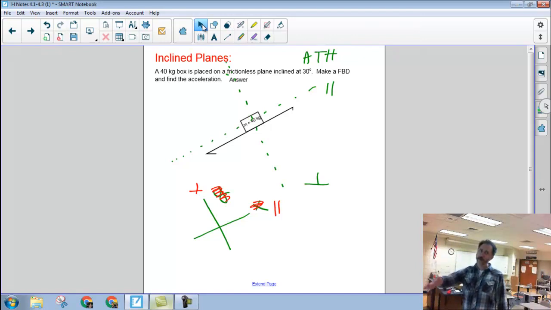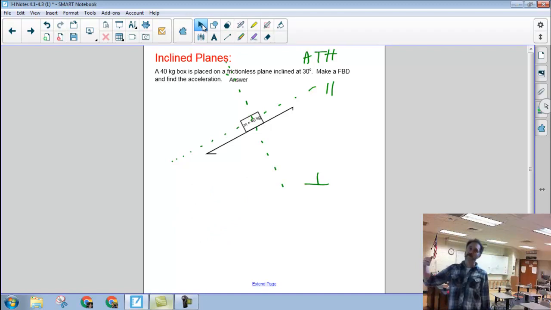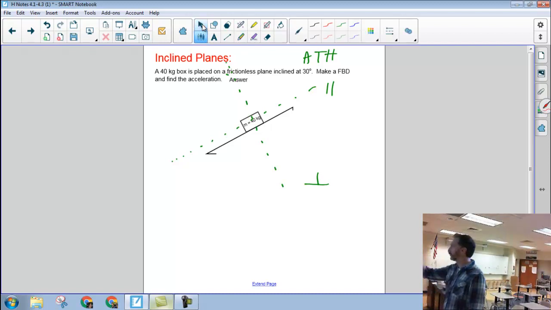A, because now all of our motion is going to be along the parallel axis. Secondly, if there is friction, remember, friction is going to resist the motion, right? So our friction forces are always going to lie along the parallel axis, okay, right? Like if the block is, for example, sliding down the ramp, then kinetic friction would go up the ramp, right?